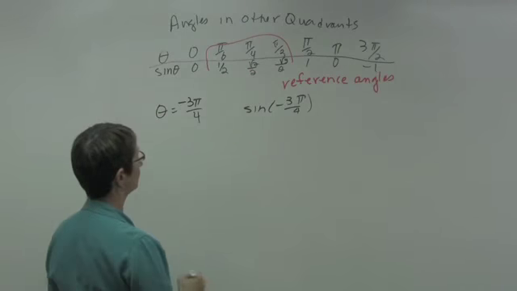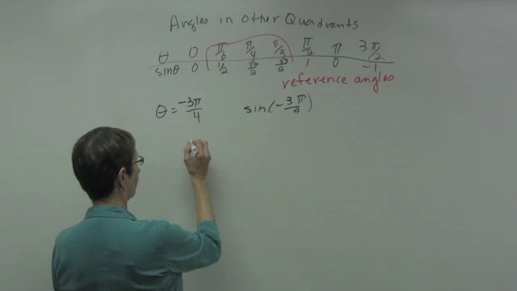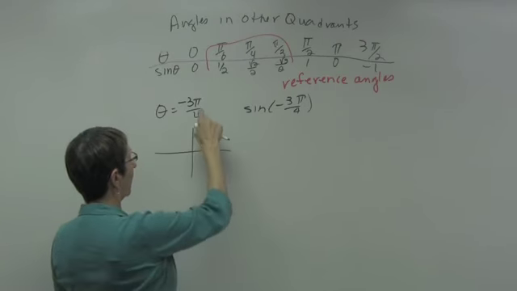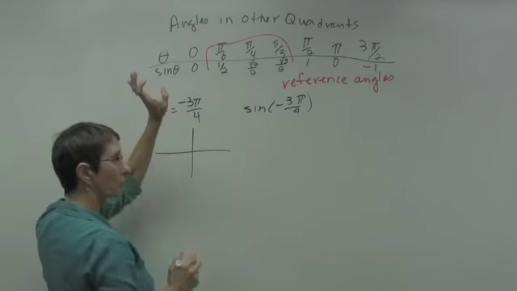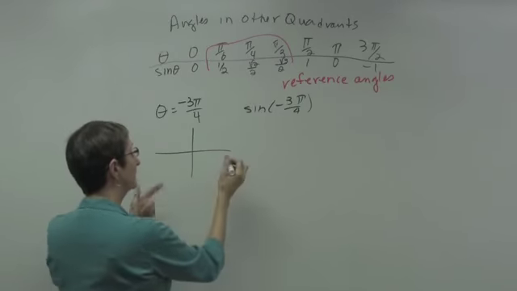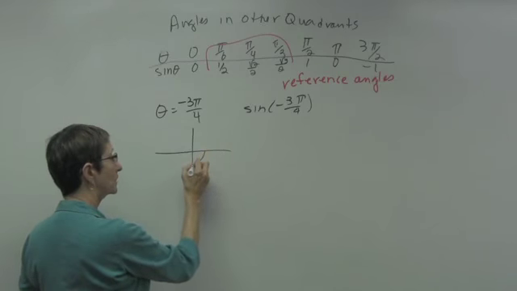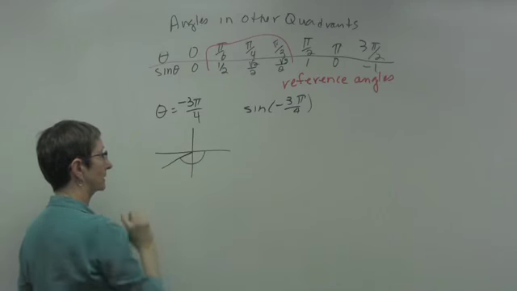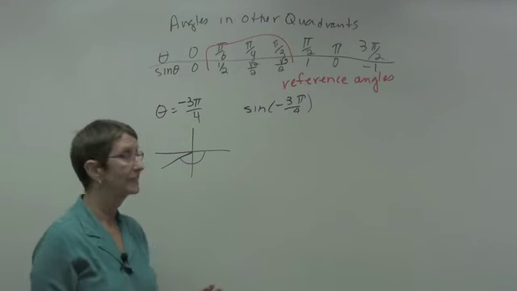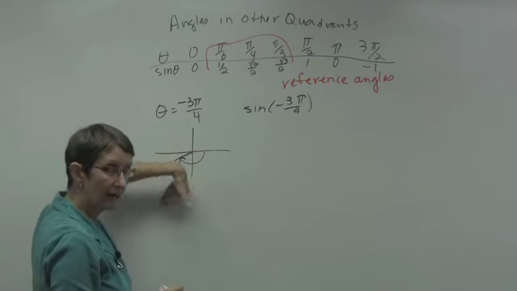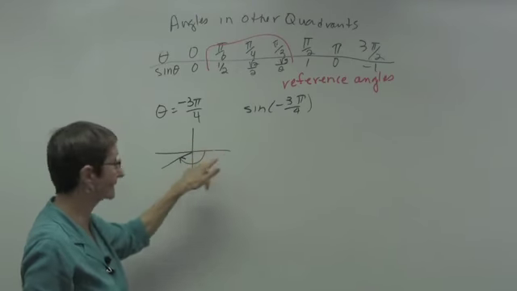So, negative 3 pi over 4, where does that get me? It's 3/4 of pi, but negative. So 3/4 means I'm going negative, but I don't go all the way to pi. I go 3/4 of the way. So I'll stop about here, or maybe a little bit lower. So this angle is negative, so I go clockwise from my positive x-axis.